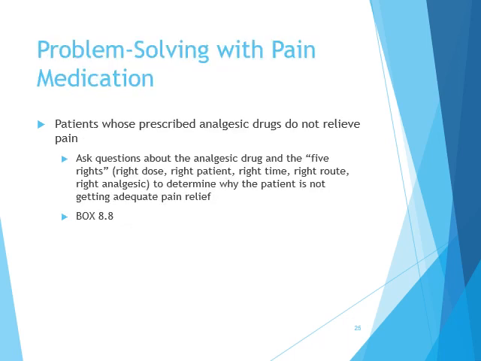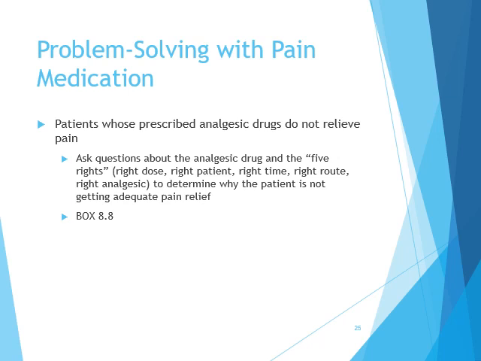So what about problem solving with pain medication? Patients ask questions about the analgesic drug. What do they take? What does your patient take? Be sure you do the 5 rights. I believe it's 6 rights now that you do documentation, which is very, very important.